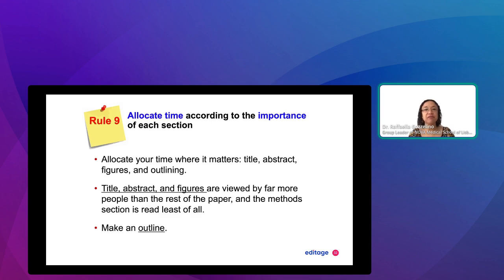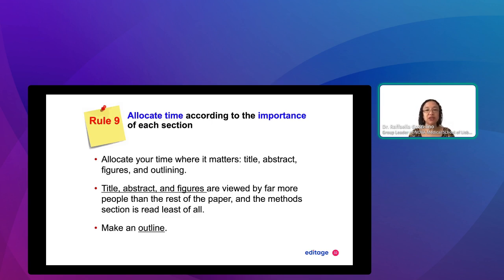So allocate time where it matters. You cannot spend days, for instance, in deciding a title and then just leave half a day to write the introduction. It does not work like that, because otherwise you will not be able to accomplish what you intended. So just in terms of title, abstract, figure, and outlining, allocate time where it matters.